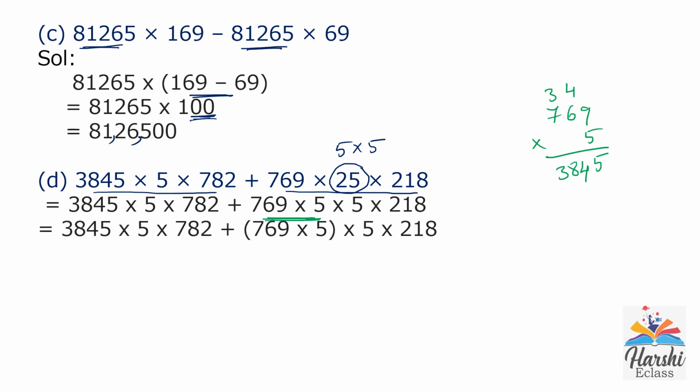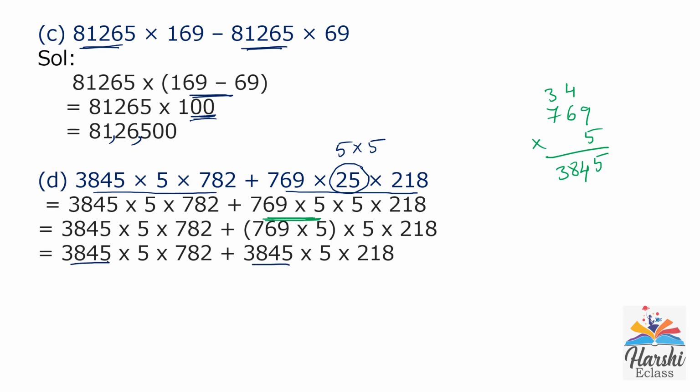So that we will get 3,845. Now compare the given numbers. Here also 3,845 and 3,845 and also multiply by 5. 3,845 multiplied by 5.